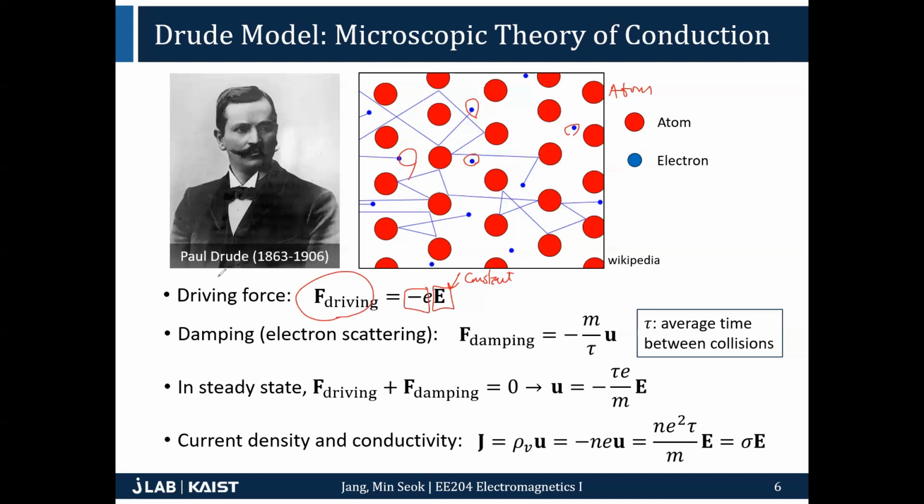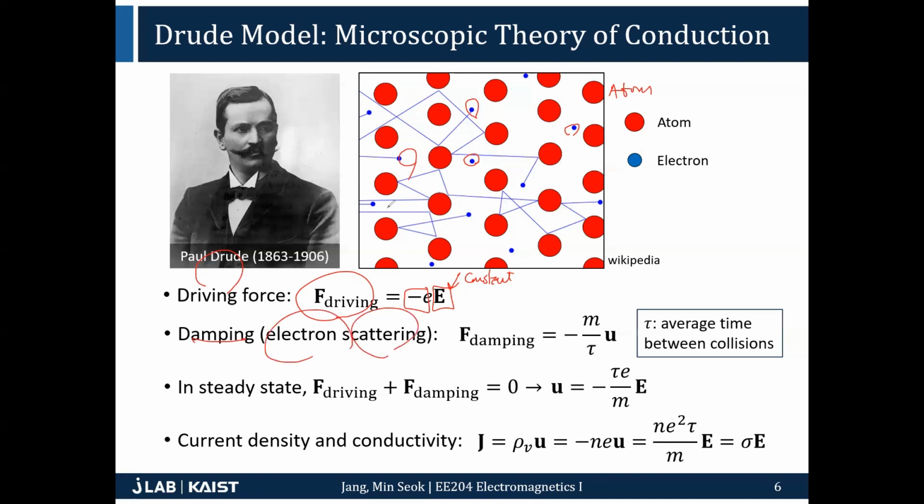So he thought, okay, that's pretty strange, because it looks like if we apply the electric field, then the velocity of the electrons reaches a certain speed. So the speed becomes constant, not the acceleration, right? And then he came up with this idea of damping. Electrons must be damped due to some mechanism.